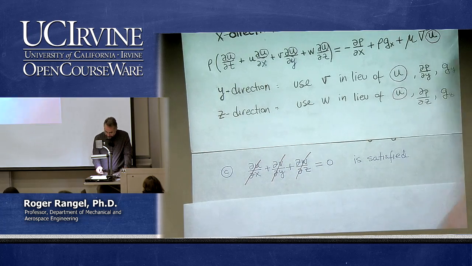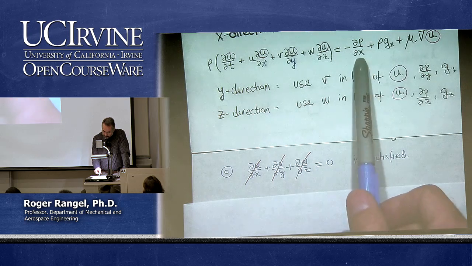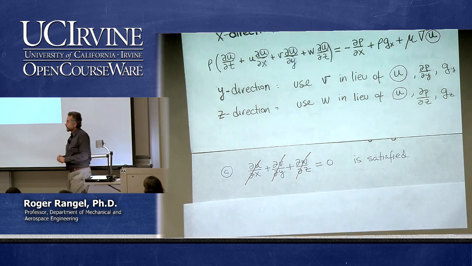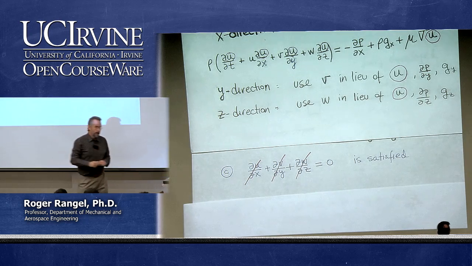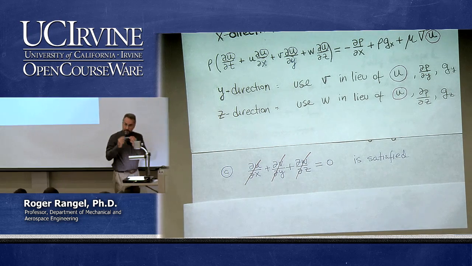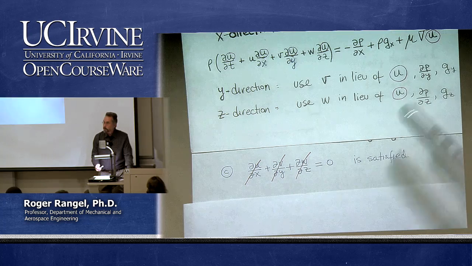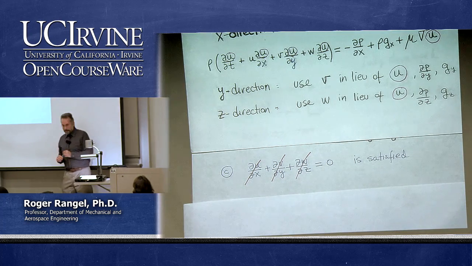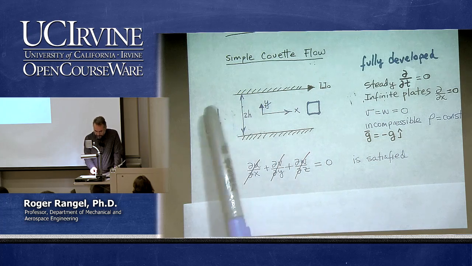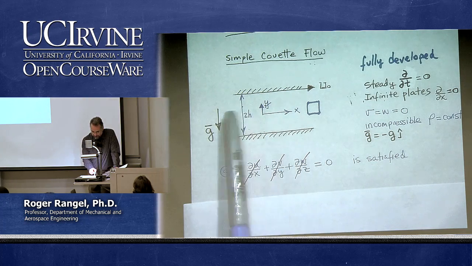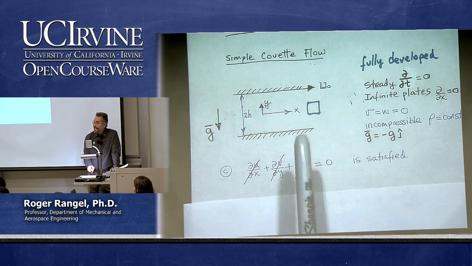Okay, and then what about the right-hand side? The first term on the right-hand side is the pressure force per unit volume in the x direction, partial p partial x. What I'm going to say in this first approach to the problem is that it is 0. That is, if I look at this channel, the pressure is the same at any location in the x direction.